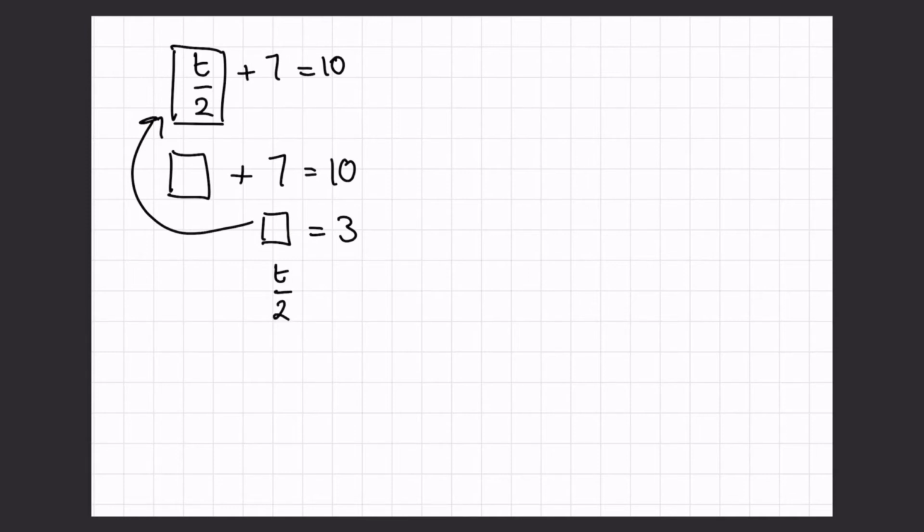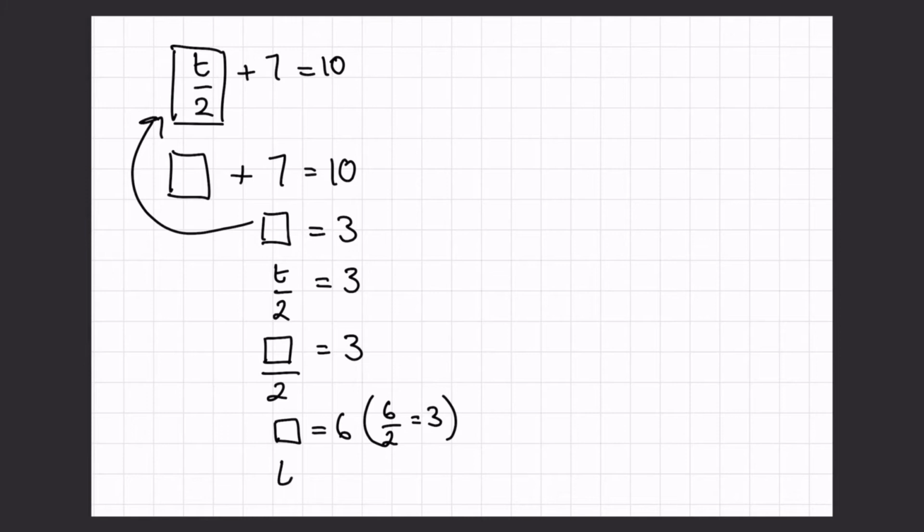So t over 2 is equal to 3. So we have a number divided by 2 is equal to 3. That something must equal 6, because 6 divided by 2 is equal to 3. So our solution is t is equal to 6.